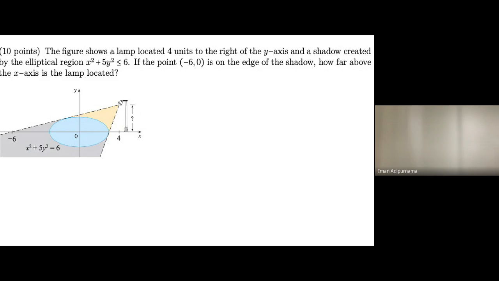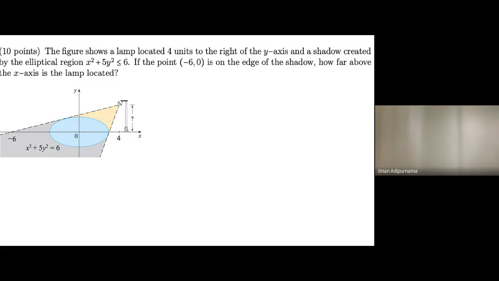This is a lamp. Located to the right of the y-axis, so this is the lamp here, 4. And a shadow created by some ellipse here. So it's having a light from the lamp and then creating a shadow.